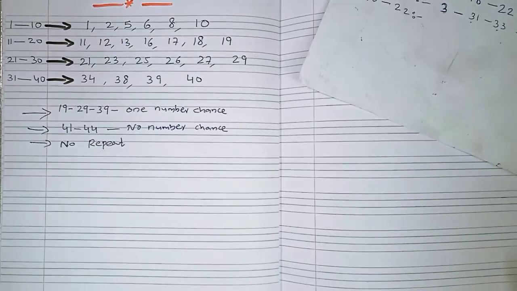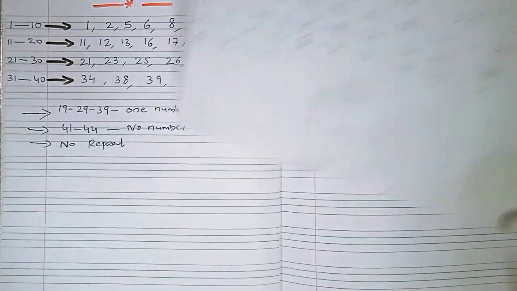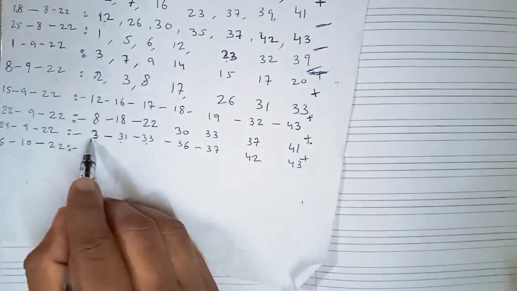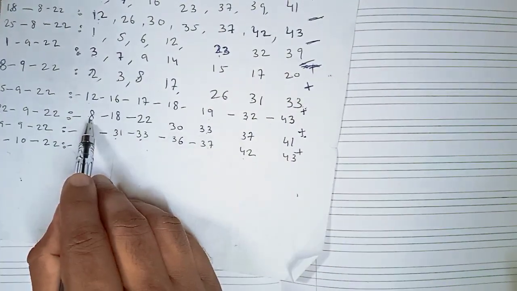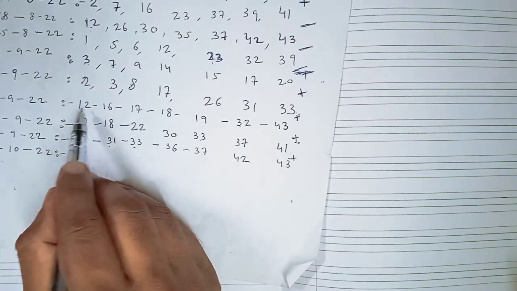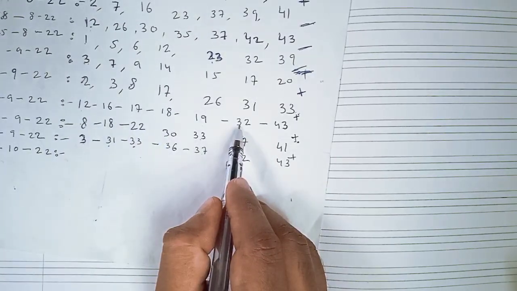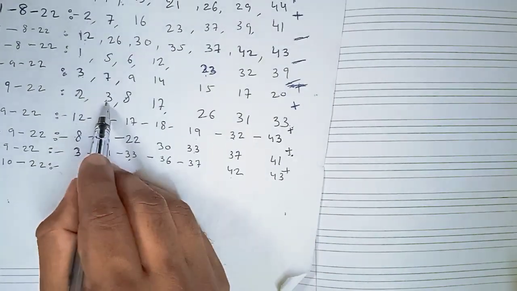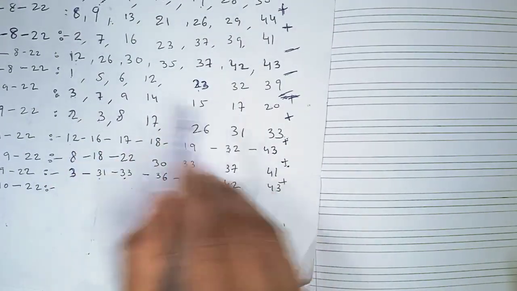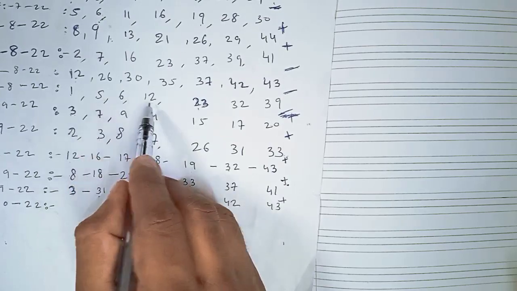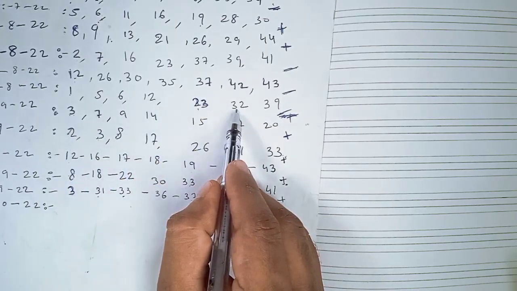At your number selecting time, just select this type. For example, here you check 3, 33, 43. Here 8, 18. Here 12, 32. Here 3, 33. Here 7, 17. Here also 12, 32.